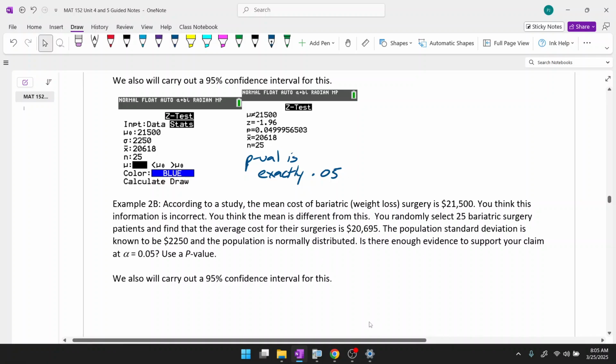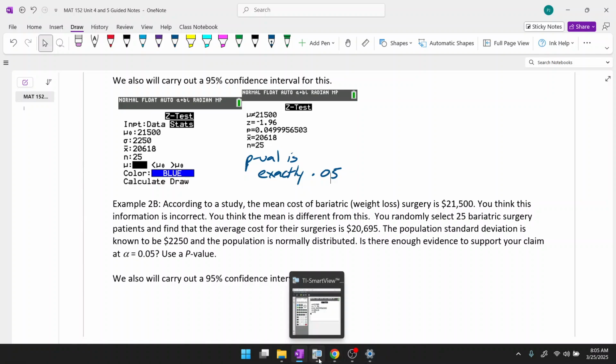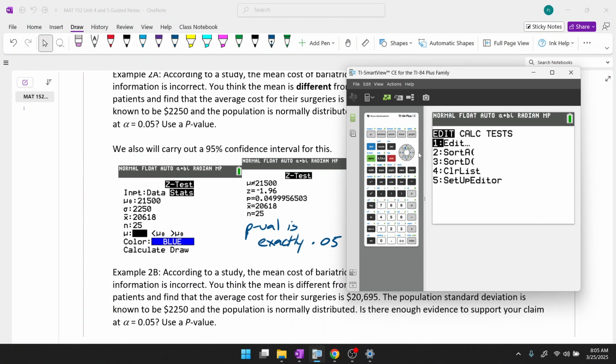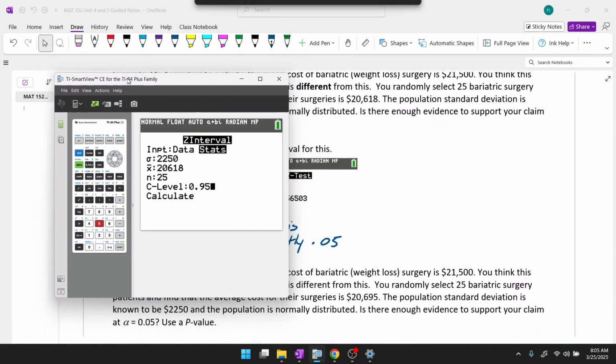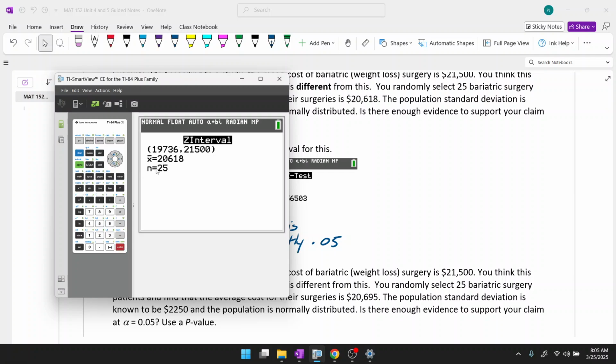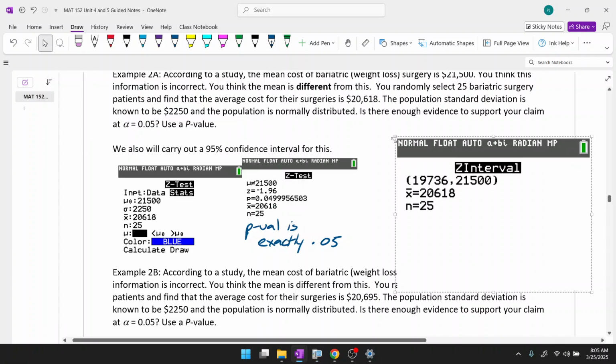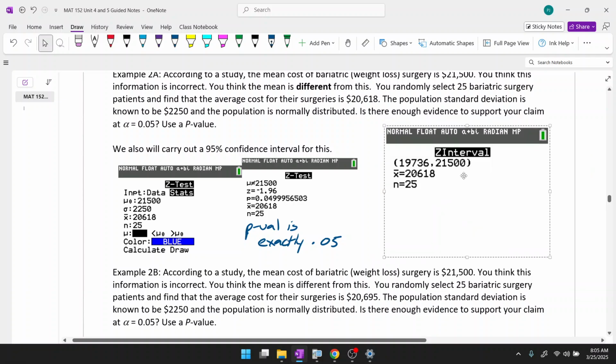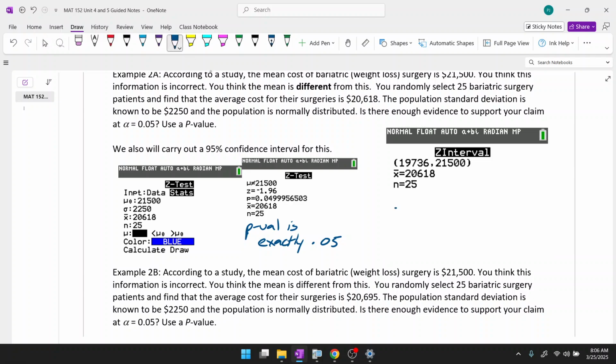All right, so if the p-value is right on the money, what about the confidence interval? Well, a 95% confidence interval for this. So we do this. We have to change that level to 0.95. And I guess the good reason I did this example like this is because it's dealing with money. The confidence interval is right on the money, just like the hypothesis test.